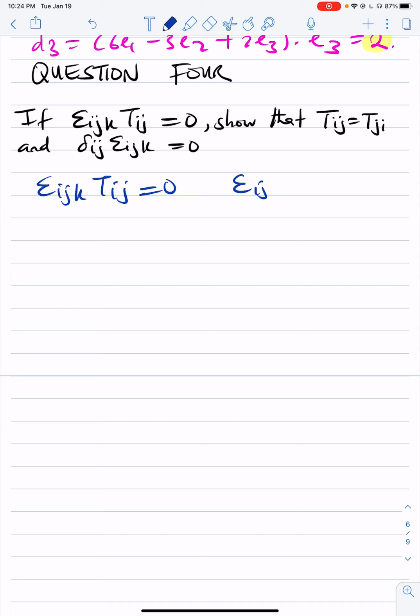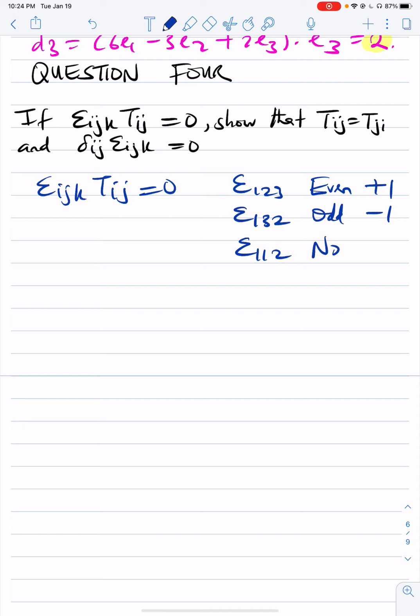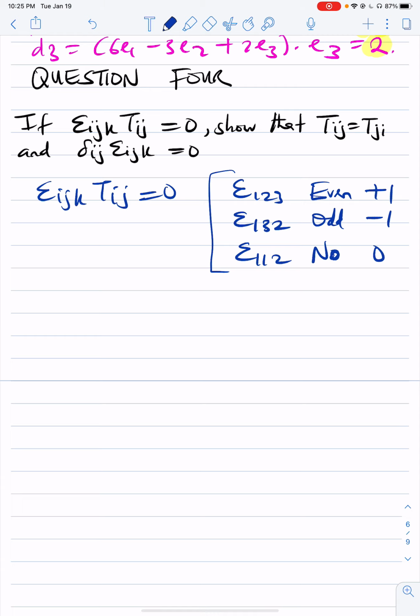epsilon ijk. Let me go a bit numerical. 1, 2, 3, right? You get plus 1 for even permutation, minus 1 for odd permutation like 1, 3, 2, and 0 for no permutation like 1, 1, 2. So if you know the permutations that give you 0, automatically they are ruled out in the expression, so you don't need to evaluate that.